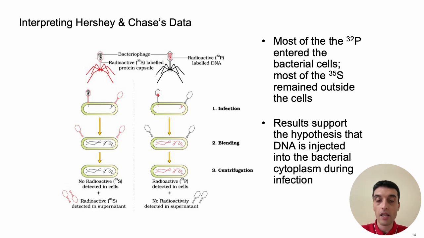And if they need to build more phages, they would build them from the DNA that was inserted in the E. coli.